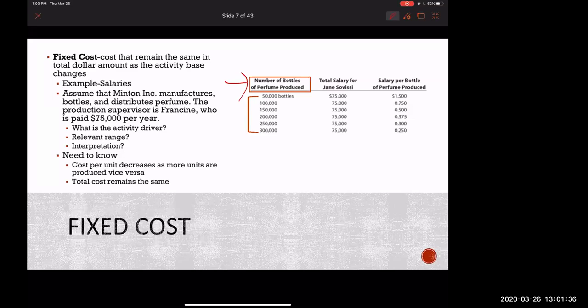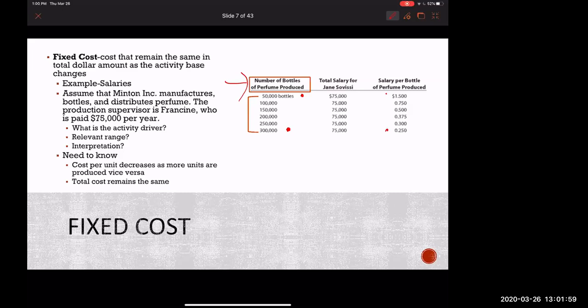When we produce 50,000 bottles, the salary per bottle was $1.50. But at our very bottom, as we begin to produce more bottles of perfume, her salary became less expensive to us because now it was 25 cents per bottle, okay?